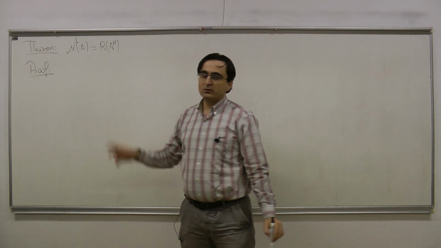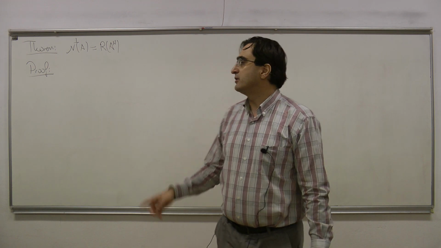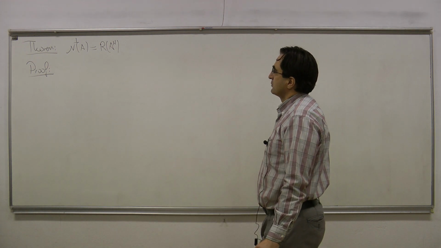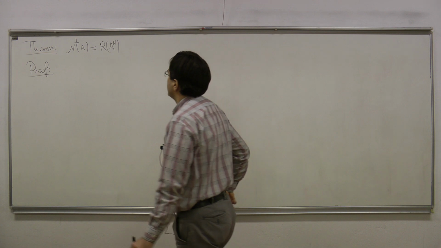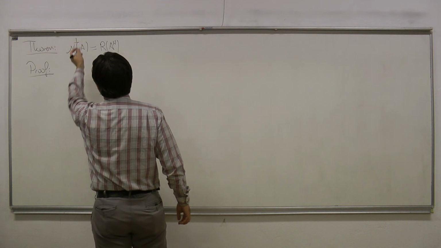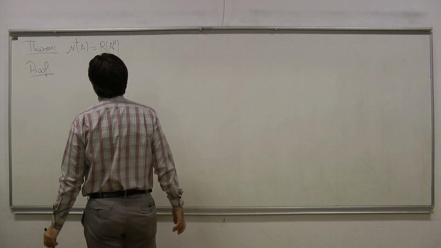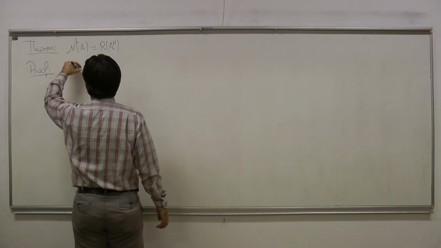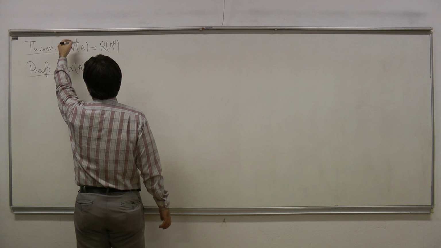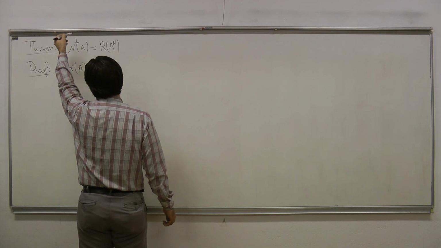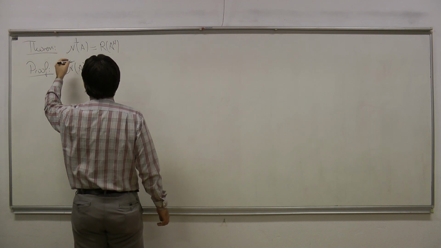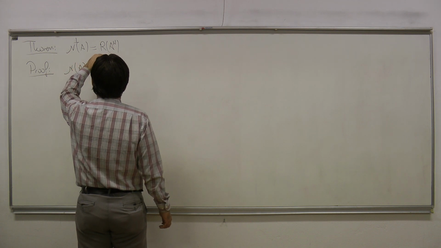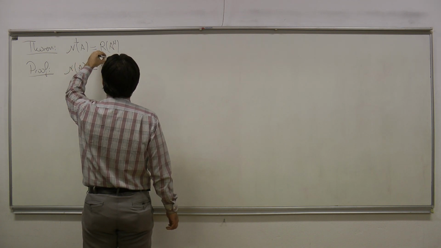In general, with this statement in this form, it is really very difficult to prove this, but by taking the orthogonal complement of both sides, we get an easier but equivalent statement. If I take the orthogonal complement of both sides, the orthogonal complement of the orthogonal complement of the null space gives me the null space of A, which is equal to the orthogonal complement of the range space of A Hermitian.